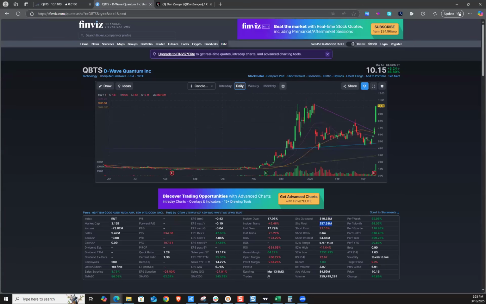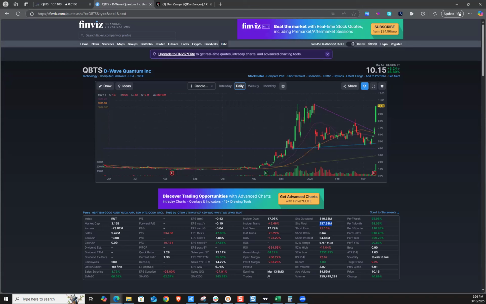In a 25 to 50 million float, you can expect right in between a 50 to 100% move a day.